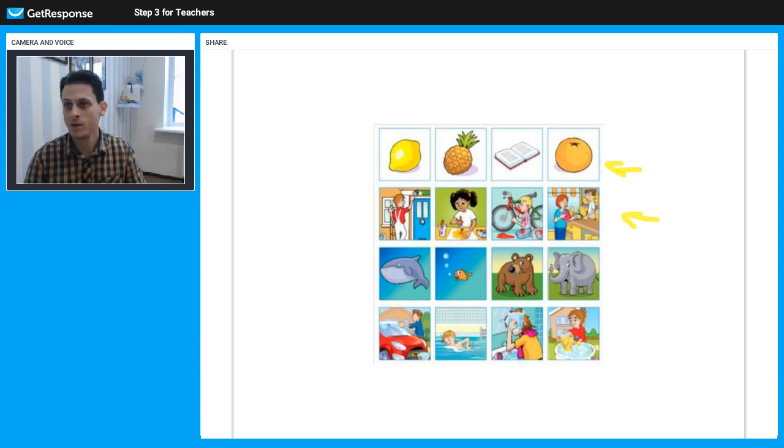So it would be easy to decrease the stress level for the students if we open up opportunities for them to answer. Okay. In number 3, of course, it could be, I don't know, the fish is the odd one out because it's the only one I have at home. Fine, sure. Or it could be, I don't know, the elephant is the odd one out because it has the biggest ears.